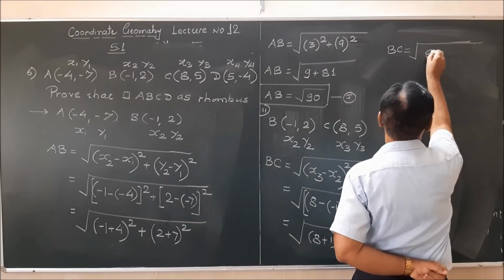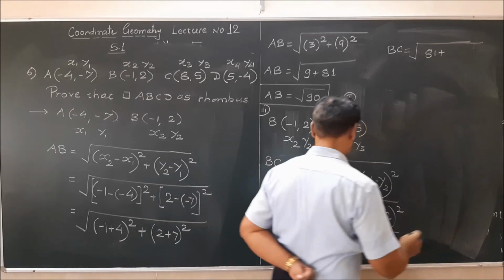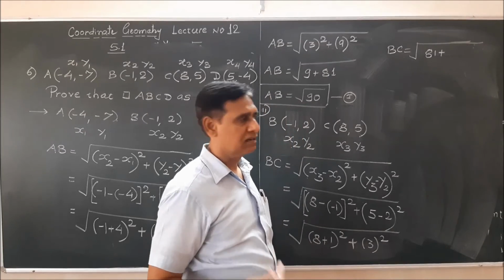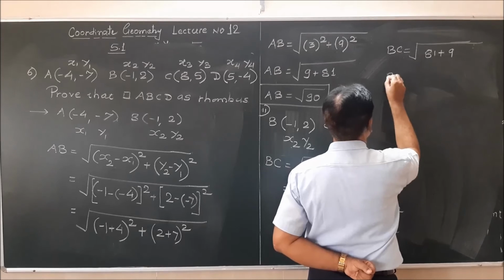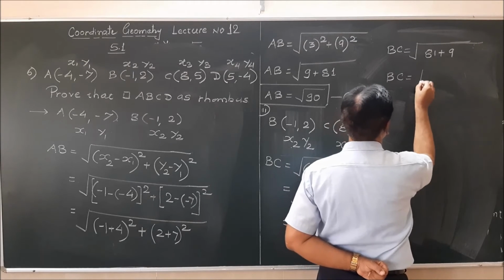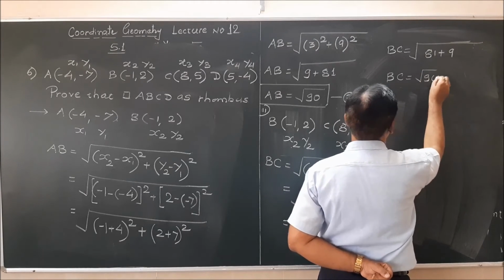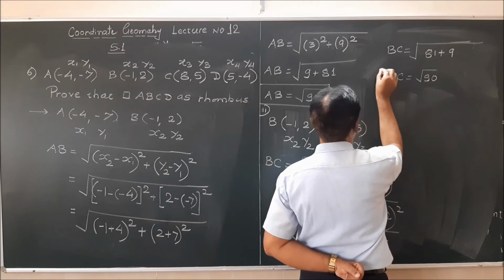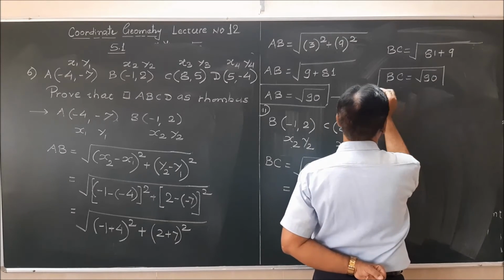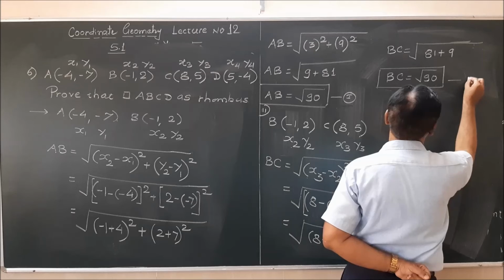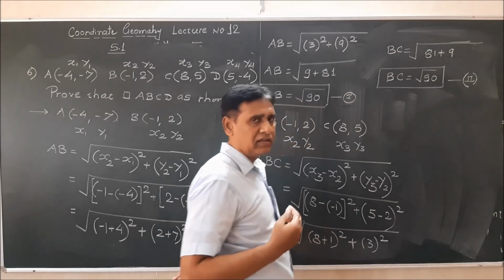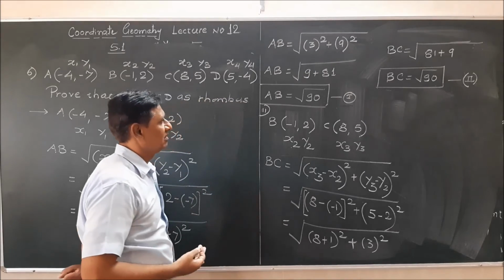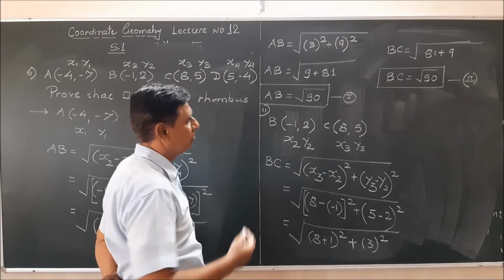So 81 plus 3 square is 9. So 81 plus 9, I will get the value of BC as root 90, the same value as that of AB. So I write here BC, equation number 2. Now I have found the value of AB and also the value of BC.